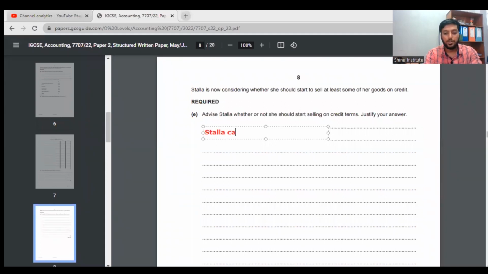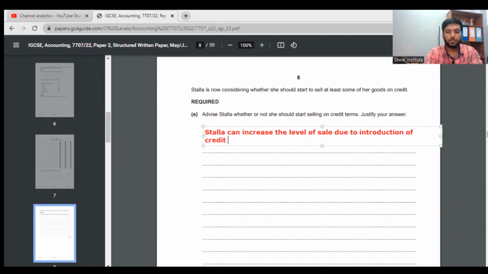Stella can increase the level of sale due to introduction of credit terms. Credit customers will make more purchases.